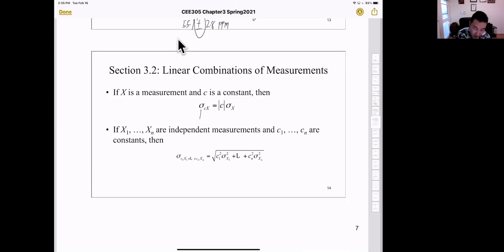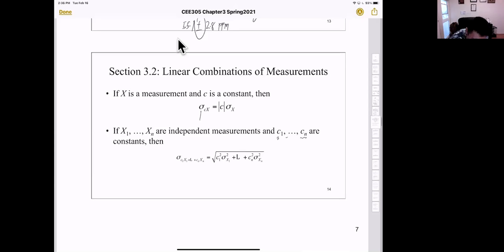And if we have n independent measurements, each with a different constant c1, c2, up to cn before them, then the standard deviation of c1 x1 plus ... plus cn xn is equal to this equation.